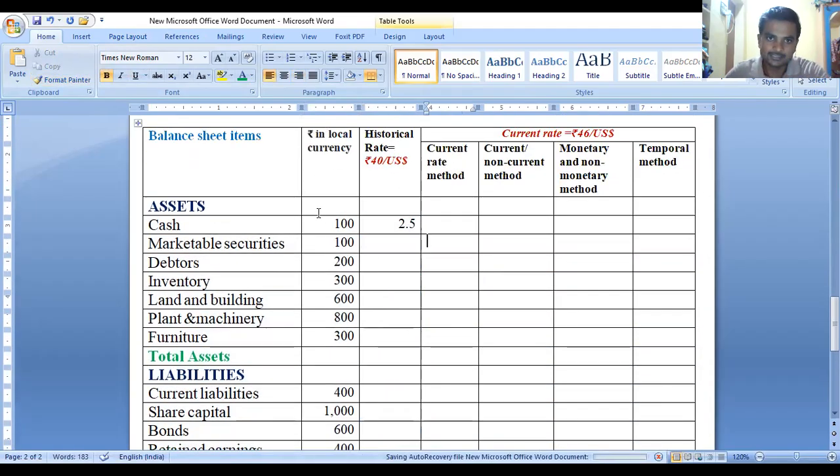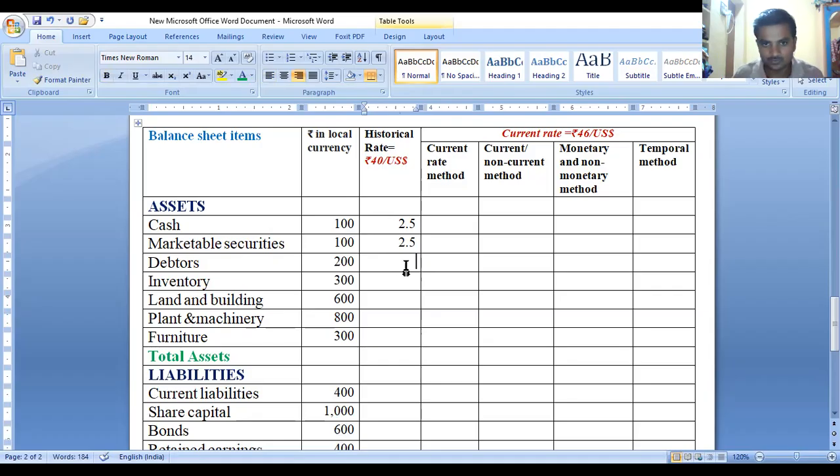The second column indicates rupees in the form of Indian rupees. The third column indicates dollars. So look here: 40 rupees is equal to $1. In the case of 100 rupees, how many dollars? I think $2.5. All items should be converted at the historical rate. The same for 100, here also 2.5. For 200, how much does it come to?